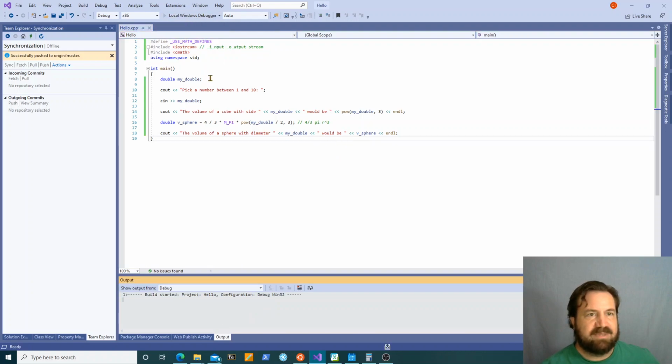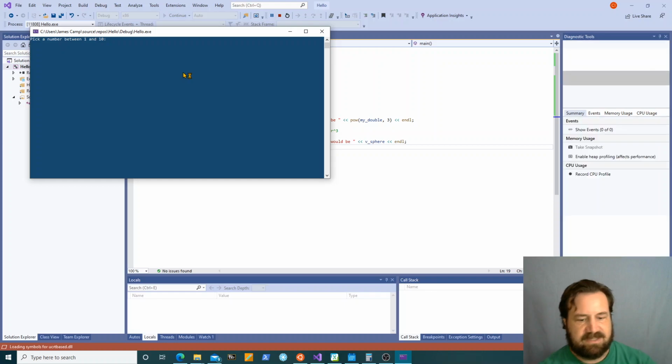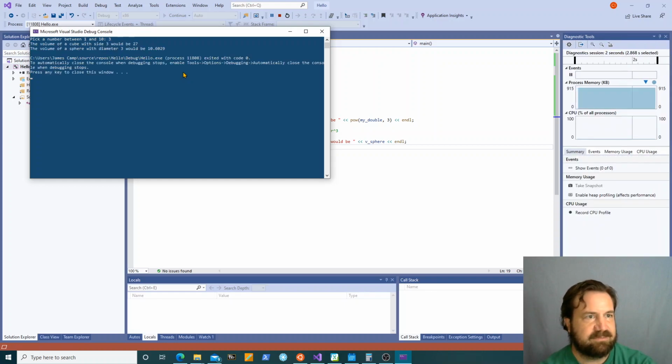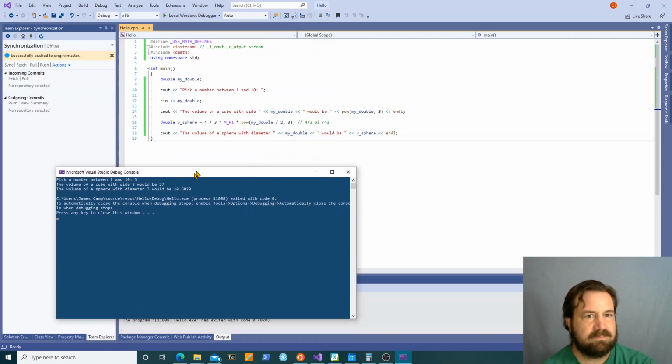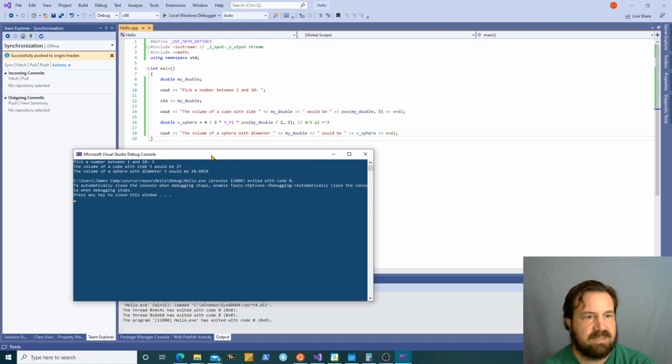So let's see what happens if I choose, say, 3. Volume of a cube with side 3 would be 27. Volume of a sphere with diameter 3 should be 10.6029.